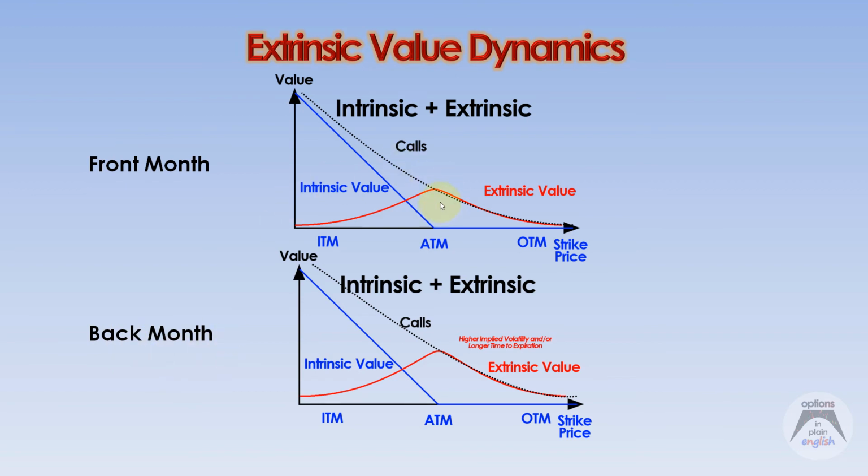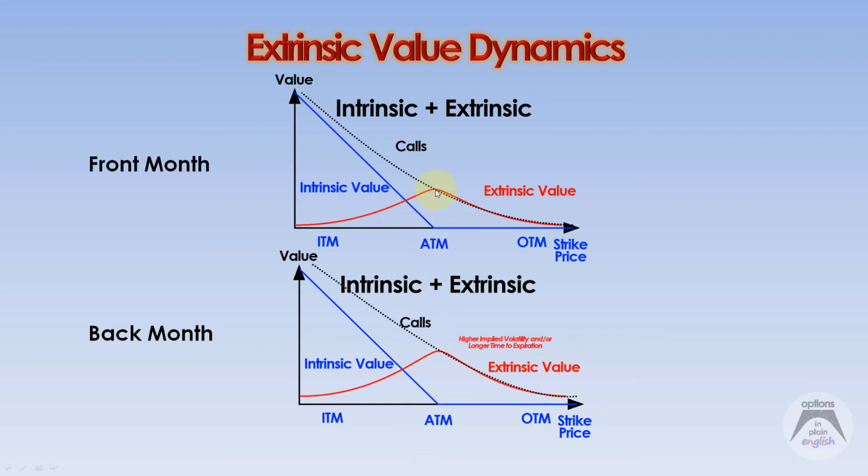So when you, for example, want to roll out in time, and let's say you are short the at the money call, and you are just rolling it to the next month, what you're doing is you're taking this value. So the at the money is purely extrinsic value, and you're buying this one and selling this one, which is why you get a credit, because the extrinsic value is higher.